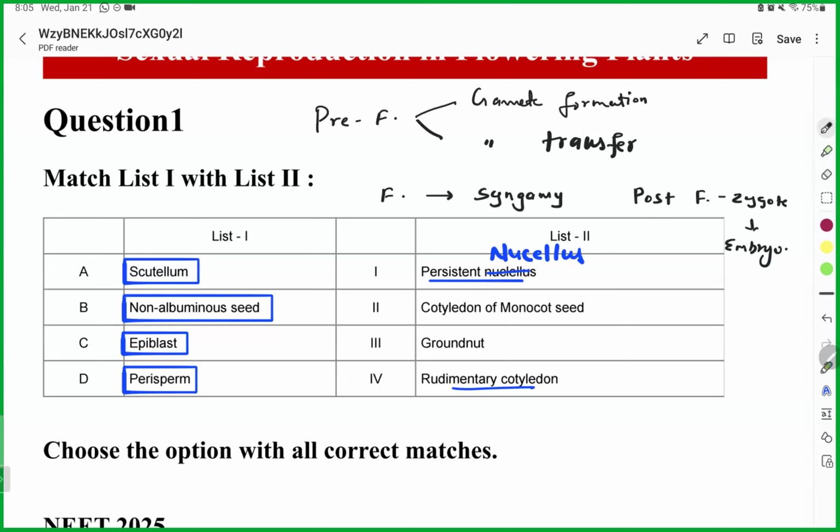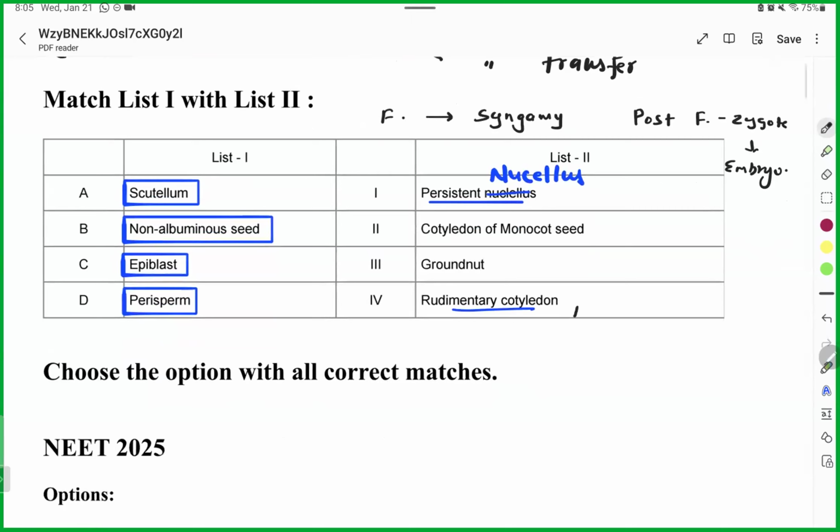Correct. For example, if we are talking about angiosperm, Tuhina, what is the meaning of angiosperm? Sir, angiosperm means they have a seed coat. You have to keep adding the points, whatever I write.